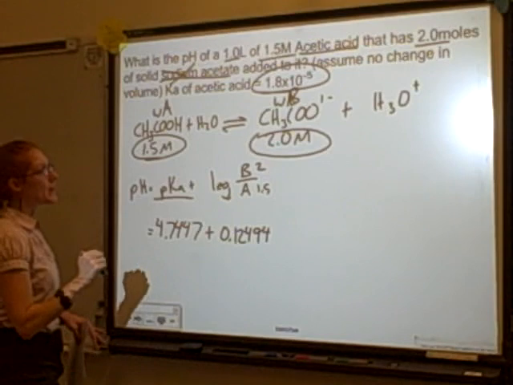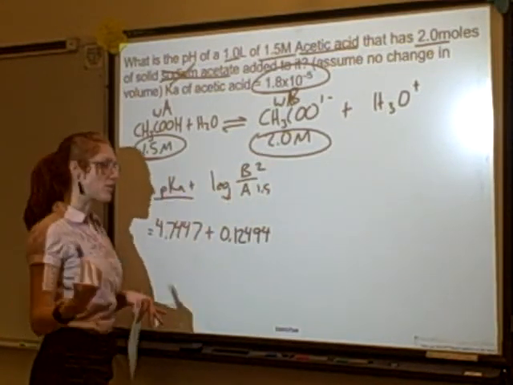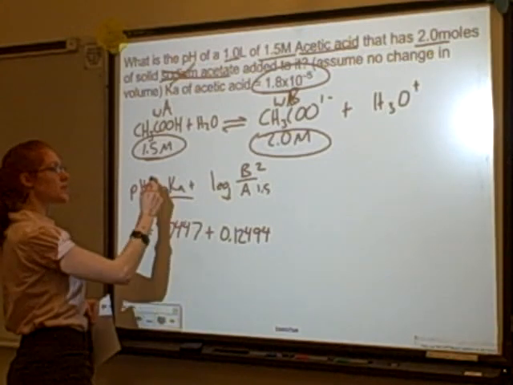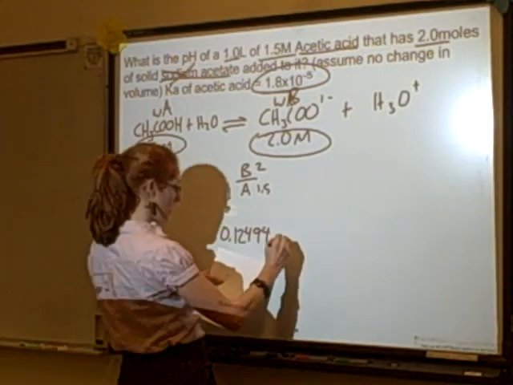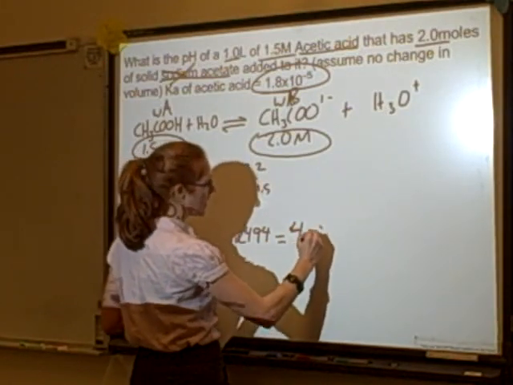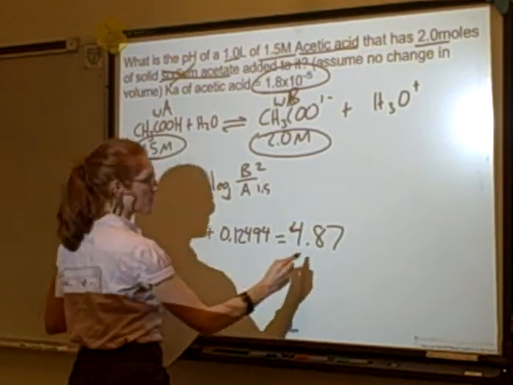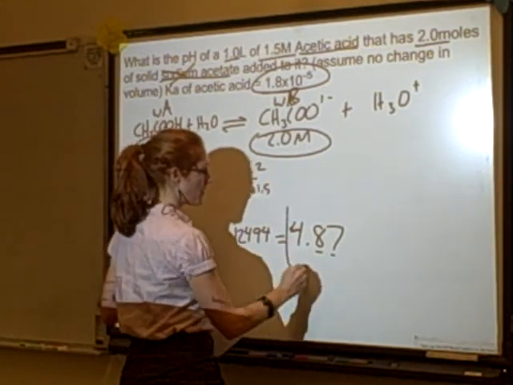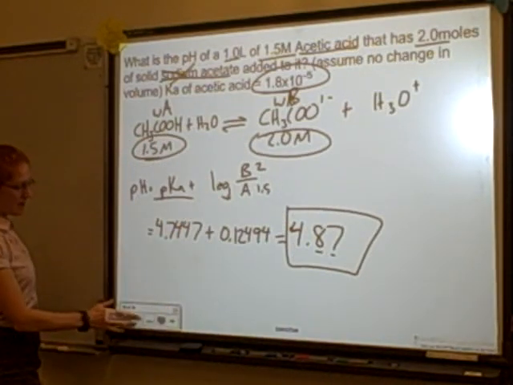In this one, I can see I've got more base than acid. Basic things raise the pH, so the pH is really close to the pKa, but slightly higher. And it is. So I ended up with 4.87. Do I have 2 sig figs everywhere? I do, so I put 2 sig figs. So that's the answer. Yay.